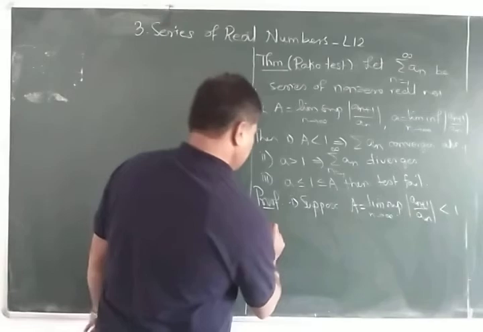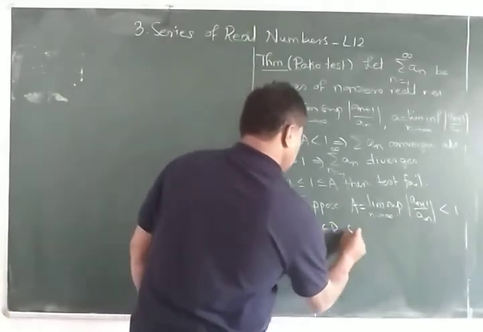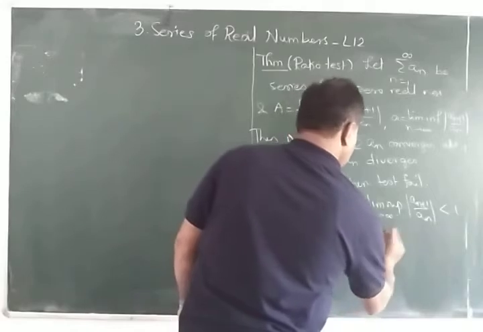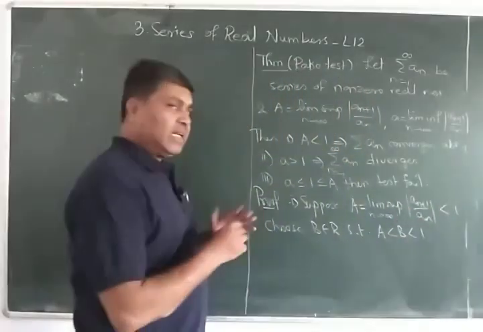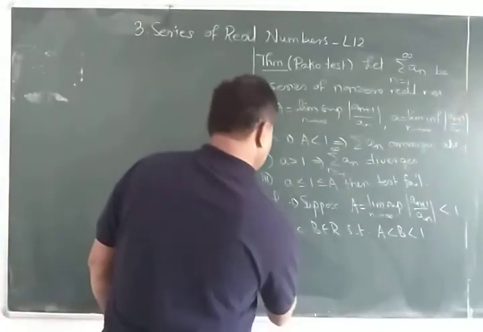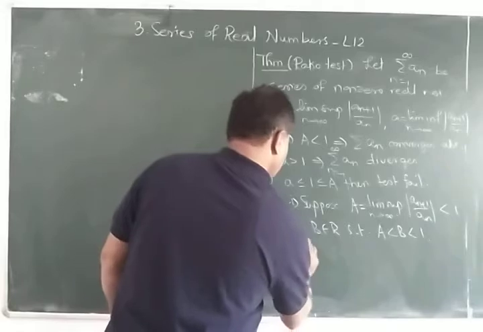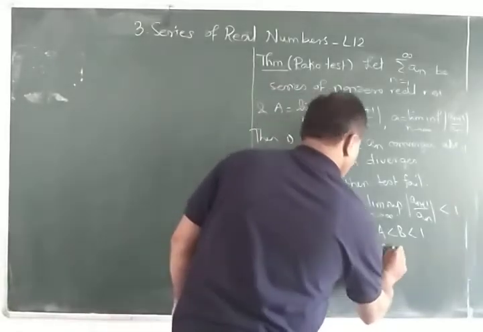Choose B belonging to R such that A is less than B less than 1. Between two numbers there are infinitely many real numbers, among that we are choosing one. Then B is equal to A plus epsilon for some epsilon greater than 0.